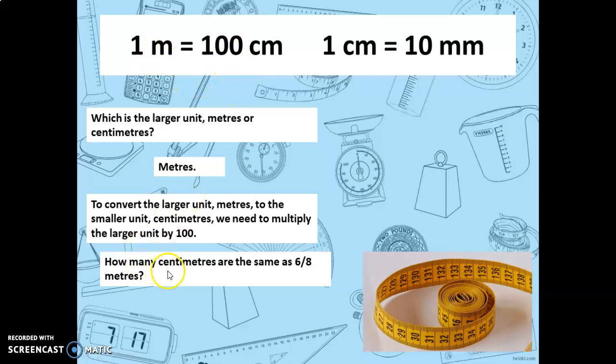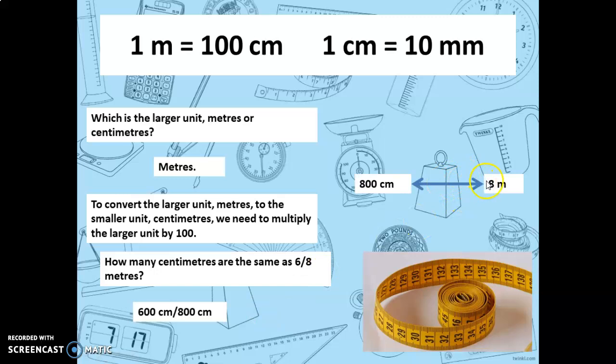How many centimeters are the same as 6 or 8 meters? What would we need to do? We would need to multiply the 6 by 100 or 8 by 100. So 6 meters is the same as 600 centimeters, while 8 meters is the same as 800 centimeters.